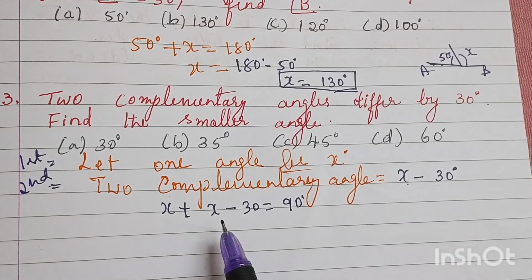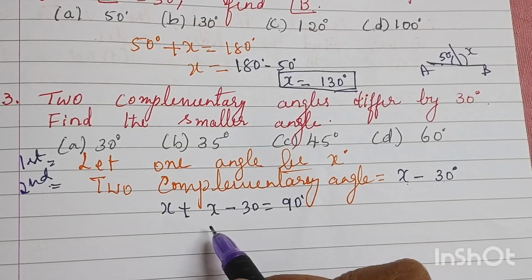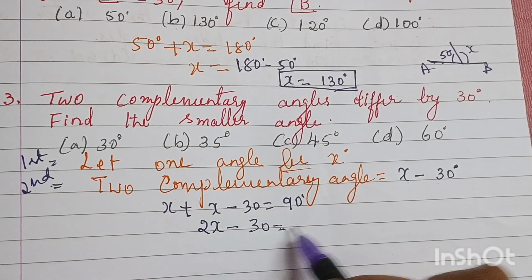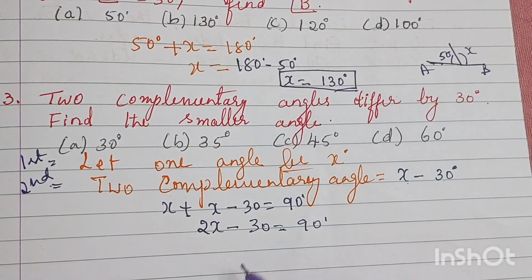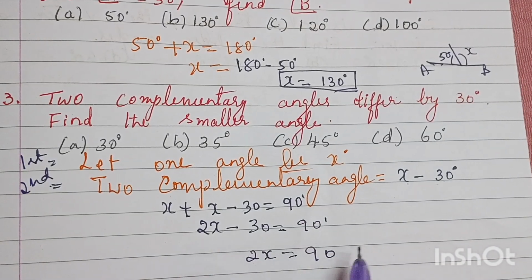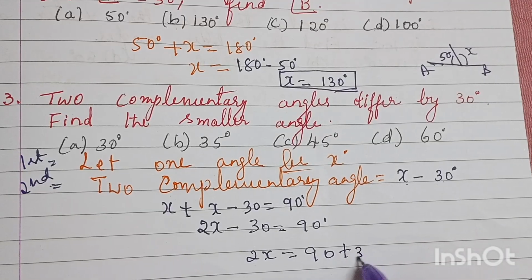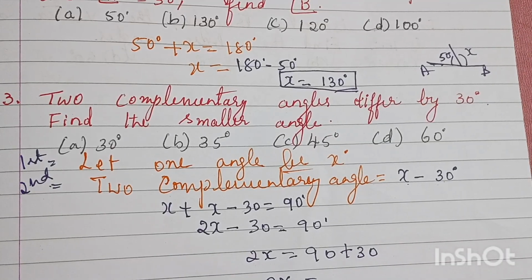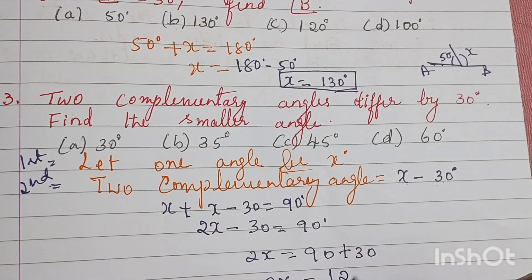So X plus X minus 30 means 2X minus 30 equals 90 degree. 2X equals 90 plus 30, which is 120 degree.